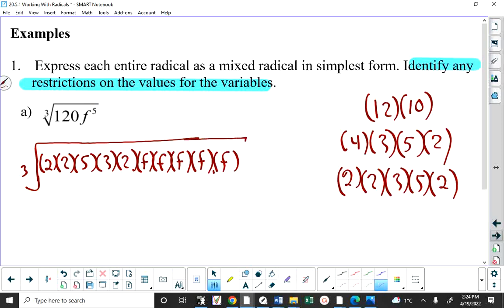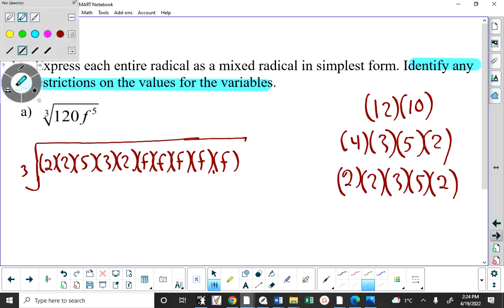So we're going to extract triples. We're going to pull out things that occur in groups of 3. So what do we have? Well, we have 3 2's. So in the next line, those 3 2's will not be underneath the radical sign, but there will be a single 2 outside. And we also have 3 f's. Any 3 that you want, I don't care.